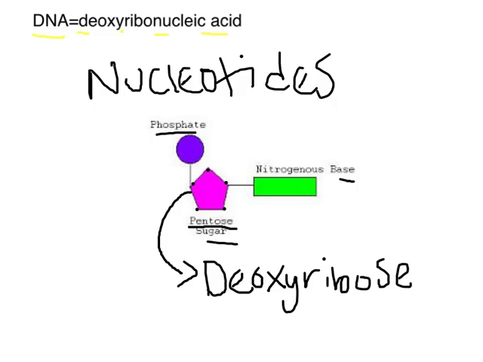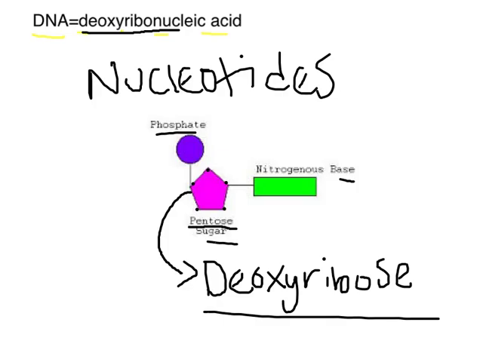DNA gets its name from the sugar, deoxyribose. That's a part of its nucleotides. So DNA, deoxyribonucleic acid, is because the pentose sugar in DNA is deoxyribose.